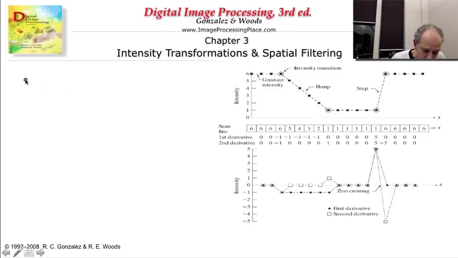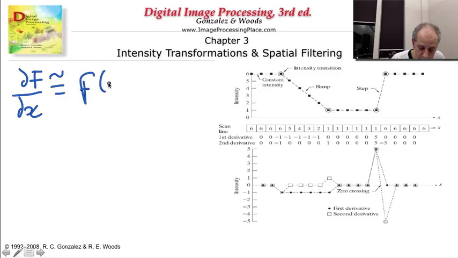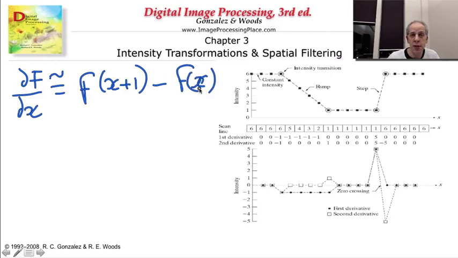If I want to take the derivative of an image in the x direction, I can basically write that in discrete fashion as f at the pixel x plus 1 minus f at x. Very simple. I just subtract two consecutive pixels.